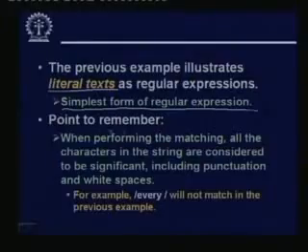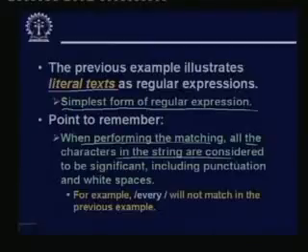There is something to remember here: when you are performing the match, all the characters in the string are considered to be significant. This you must remember. All the characters means this includes punctuation, symbols like comma, semicolon, dots, and also spaces.